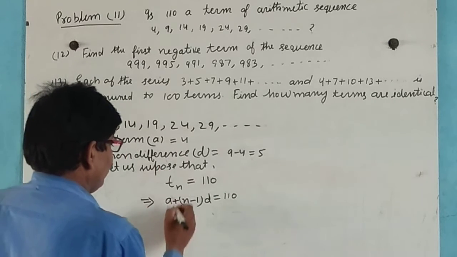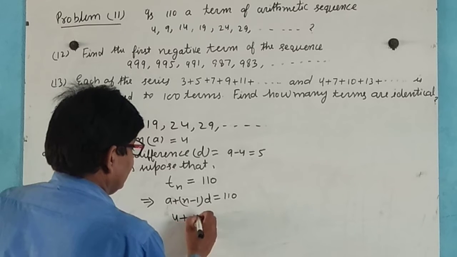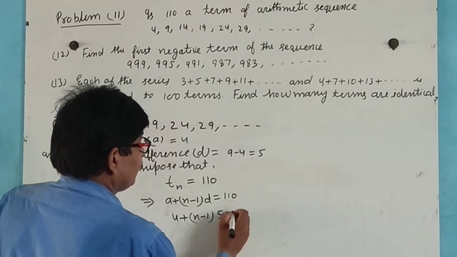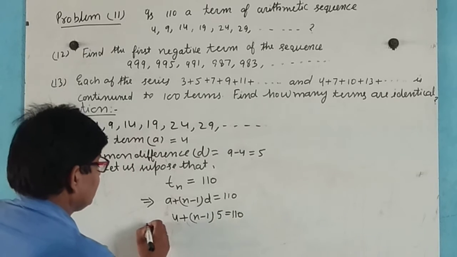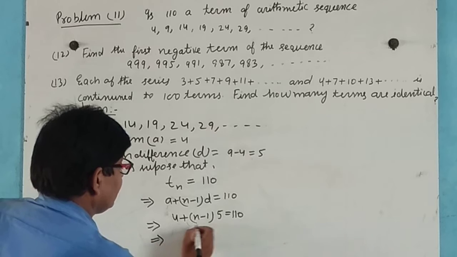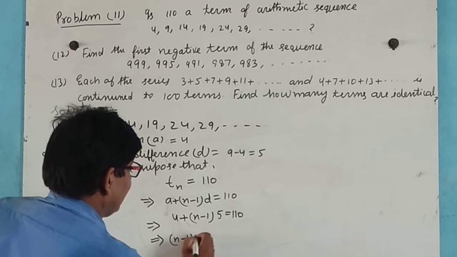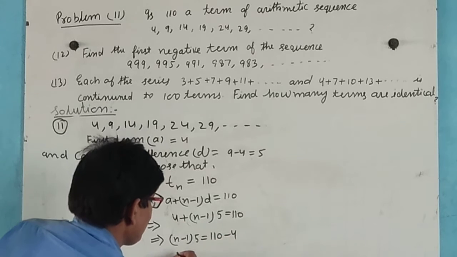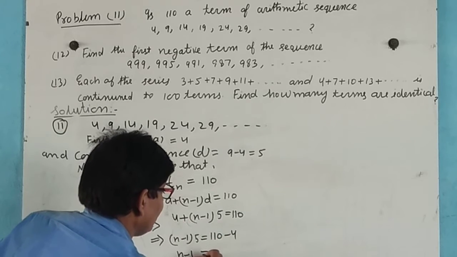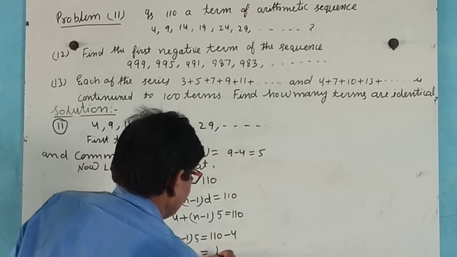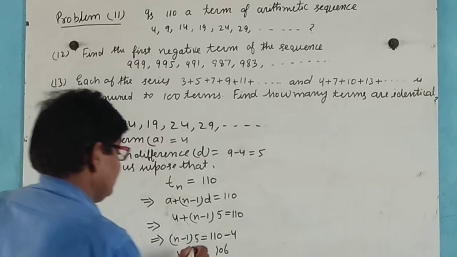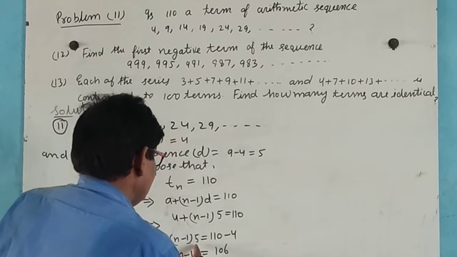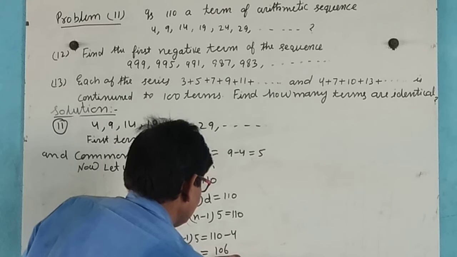A is 4 and D equal to 5, so n minus 1 into 5 equal to 110 minus 4, n minus 1 equal to 106 divided by 5.